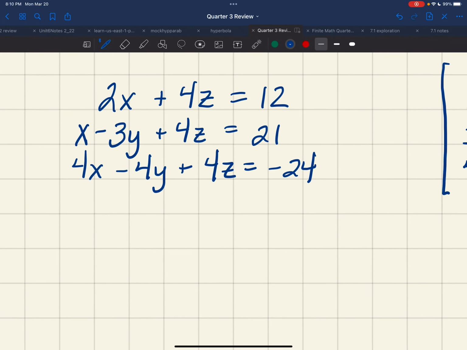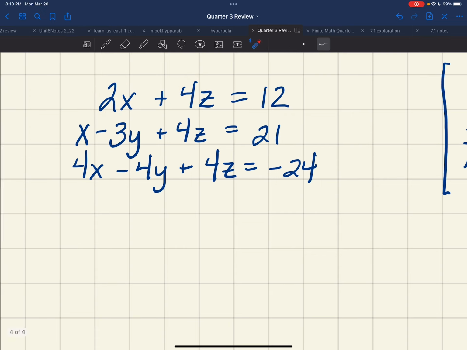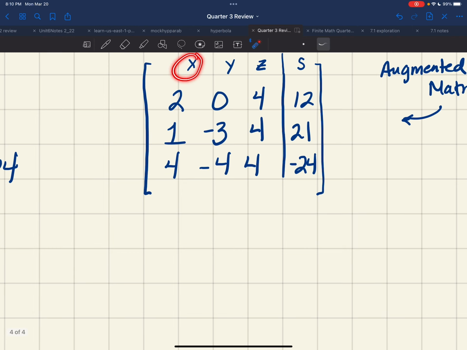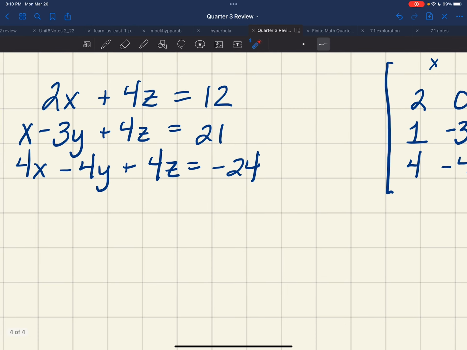So what I do is I look at each of the coefficients on my numbers, and my rows are lined up according to X, Y, and Z, and more if you have more variables. And then that last column is what we consider the solution, because that bar represents my equal sign. So in this case, the first one that I have is 2.